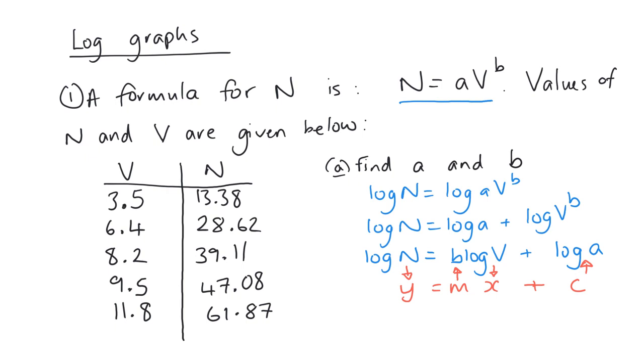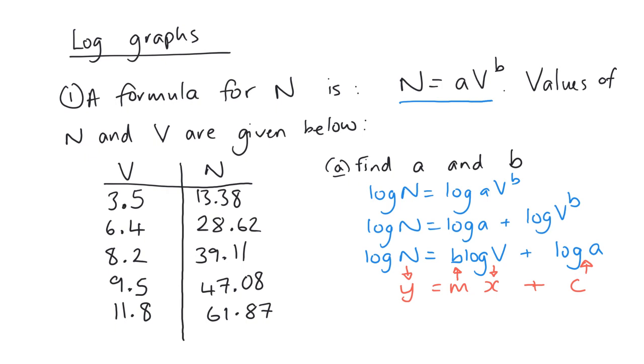So instead of the values for v and n, if we find the values for log v and log n, then we can draw a graph, and it has this format, y equals mx plus c, so it's a straight line.